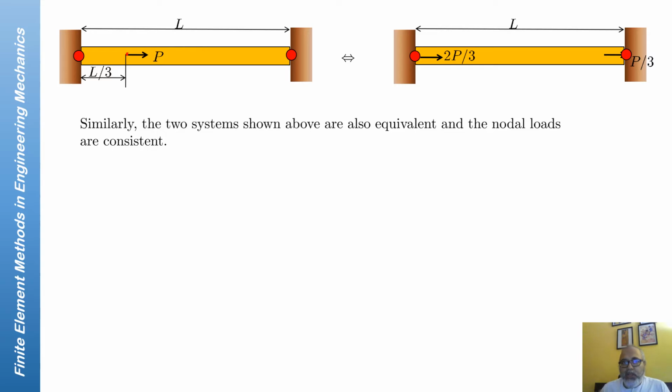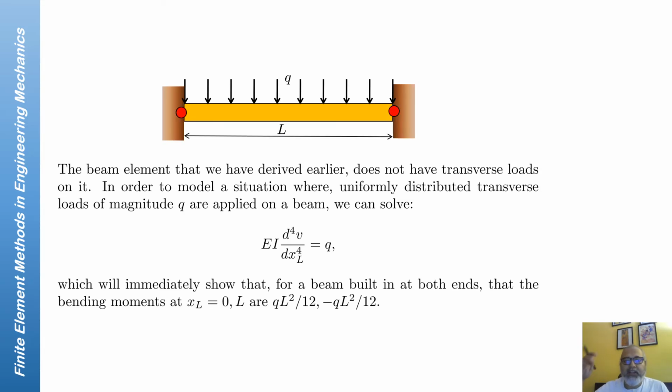Okay, now if we take this consistent thing forward to a beam element, let's say I have a beam element which has a constant transverse load applied. Now I can try to formulate a beam element with this Q built in. To do that, I will have to remember I solved this with 0 on the right hand side.